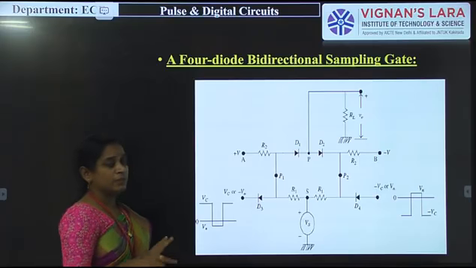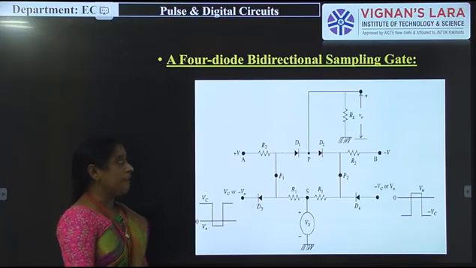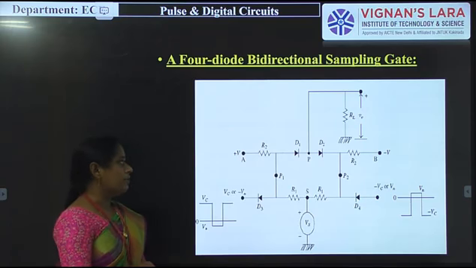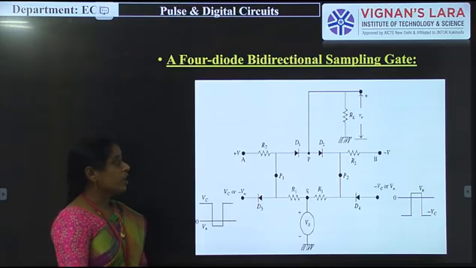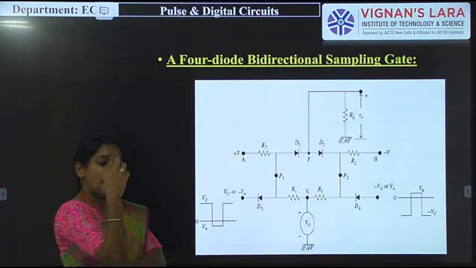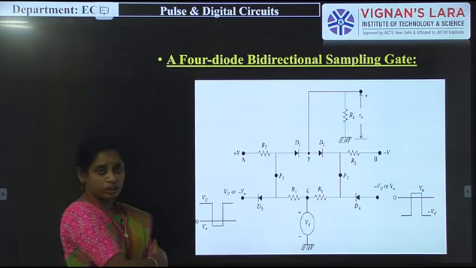The difference between the 2-diode and 4-diode sampling gate is that in the 2-diode sampling gate, positive polarity is applied to the diode D1 and negative polarity is applied to the diode D2, and we can't change that. In the previous one, we apply control signals to this particular one.